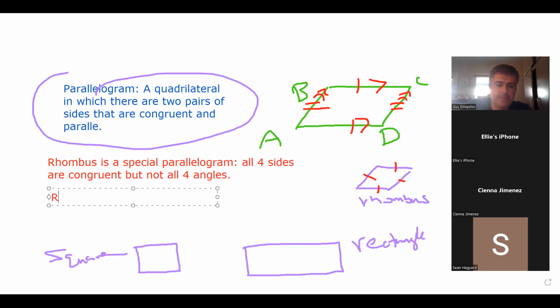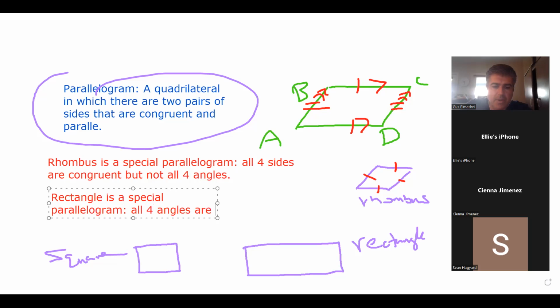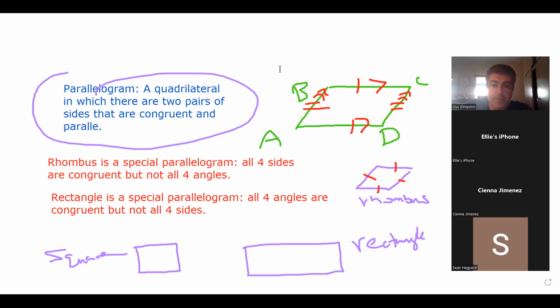A rectangle is a special parallelogram. All four angles are congruent, but not all four sides. And by the way, when all four angles are congruent, they're going to be right angles because everything adds up to 360.